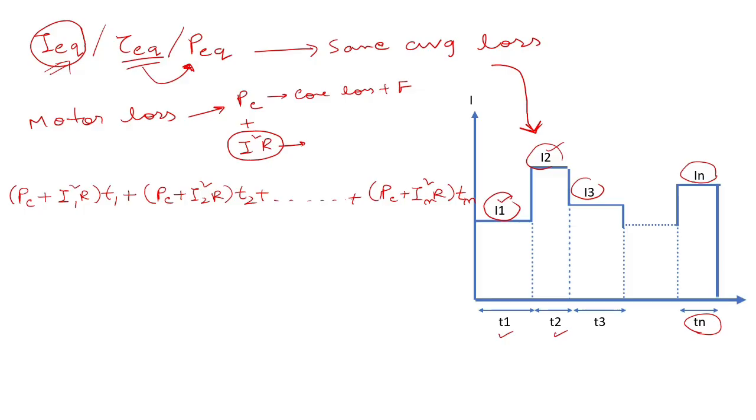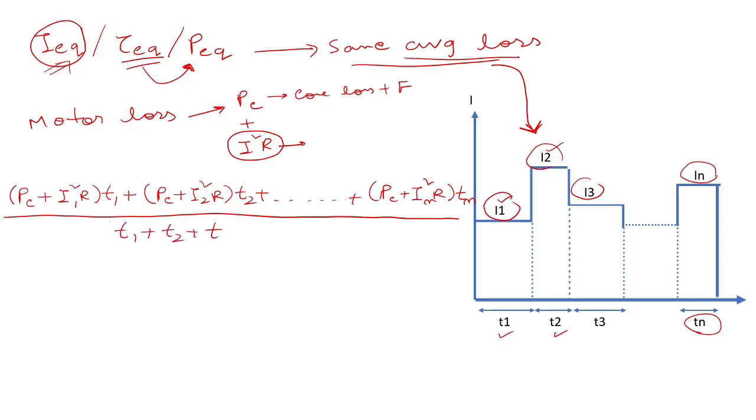As I have already said, the aim of this method is to find the same average loss. Therefore, the average loss will be this value divided by T1 plus T2 plus T3 up to Tn. Now we will further solve this. You can see from here that PC will come out as PC T1 plus PC T2 plus PC Tn, and the time will be cancelled out by this term.